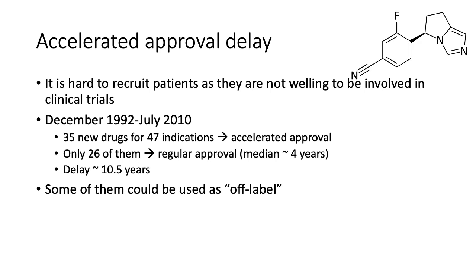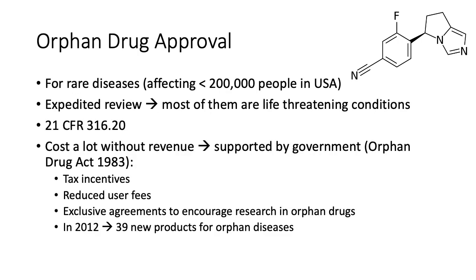And in fact, some physicians could use some drugs without having an indication for that drug. And this is called an off-label use, meaning that it's not available on the label of the drug.